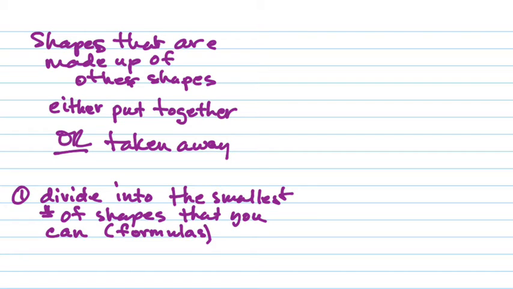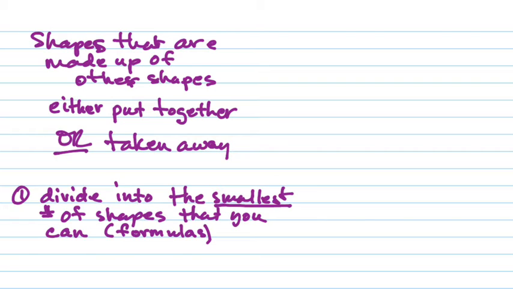Can I cut it into a rectangle and a triangle put together? We just need to find out. And we always want to make sure it's the smallest number of shapes that is possible. You don't want to be adding 16 things together when you can add 2 together. You also need to make sure you have the measurements for the shapes you're cutting it into. I can cut it into 15 rectangles if I want to, but if I don't know how big one of the rectangles is, it doesn't do me any good, does it? So watch the measurements. Oftentimes the measurements will tell you how to cut it up.